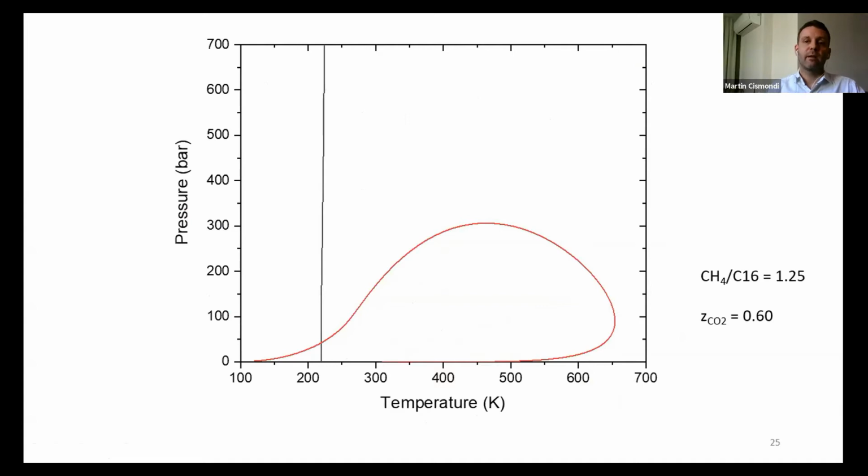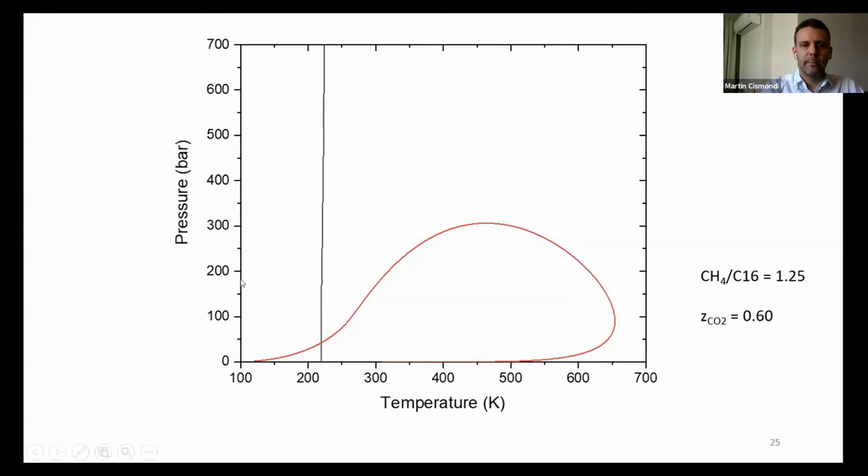If you search for that liquid-liquid line, the details are beyond the scope of this talk, but it can be done, and you would find this liquid-liquid line that is normally not obtained in standard phase envelope calculation algorithms.